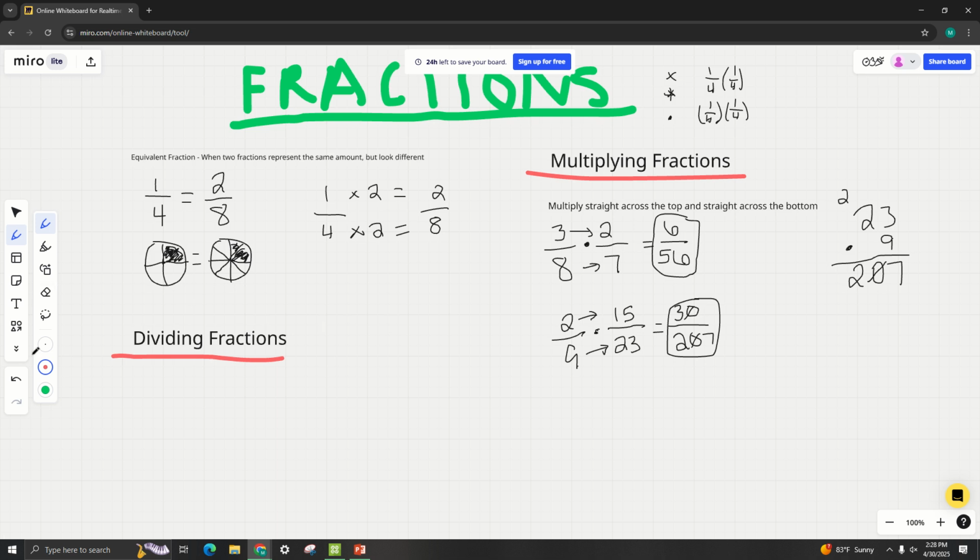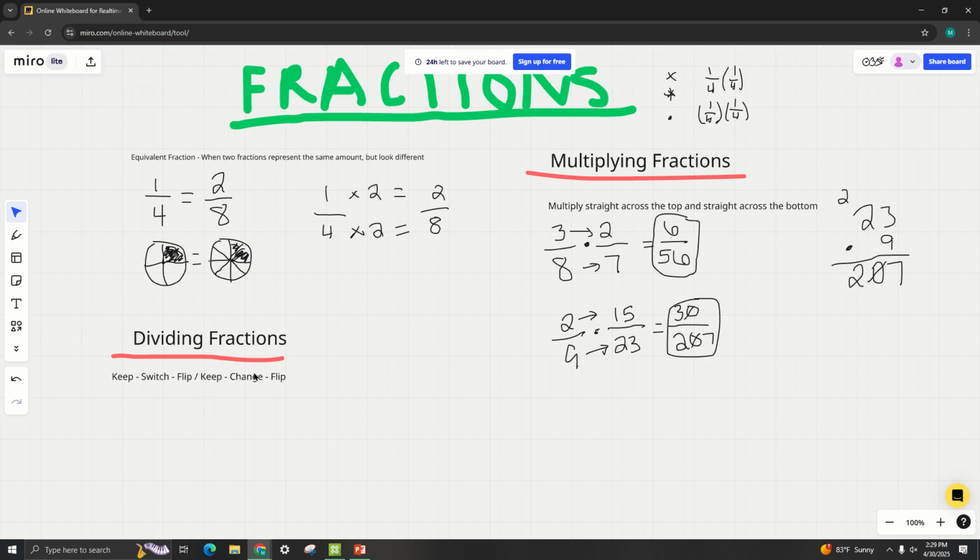So now we're going to be dividing fractions. So this process is a little bit different. We're actually going to use something called keep, switch, flip. You may have also seen this as keep, change, flip. They mean the same thing.